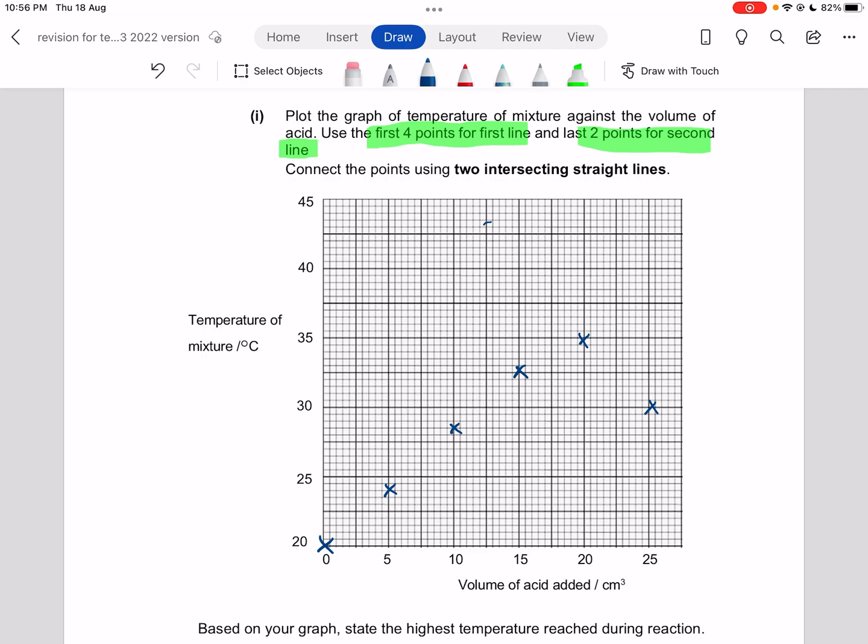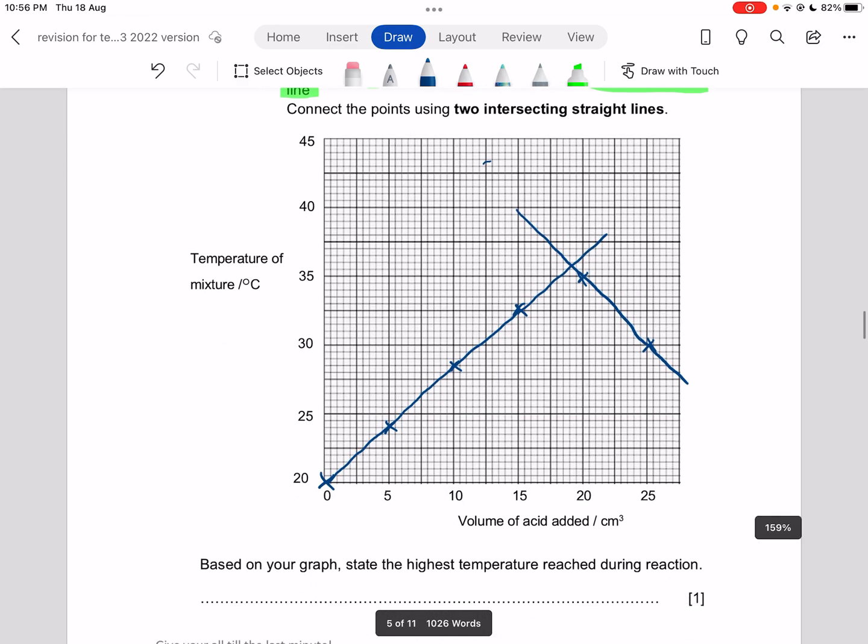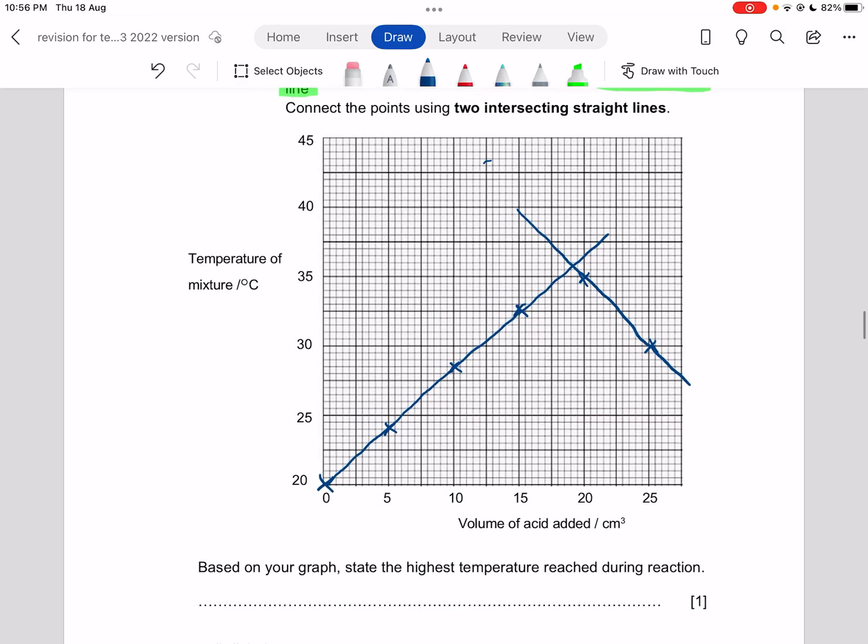Okay, so how do I do this? Something like this. Right, you have a ruler, you should be able to draw more accurately than me. Alright, so first line, second line. I think you have something similar inside your assignment as well. So state the highest temperature that is reached.